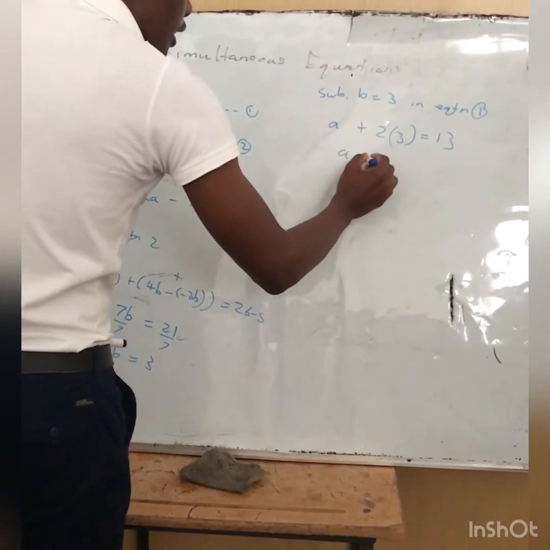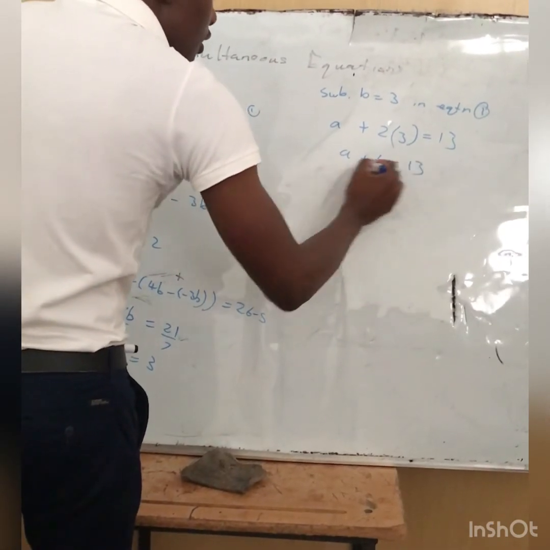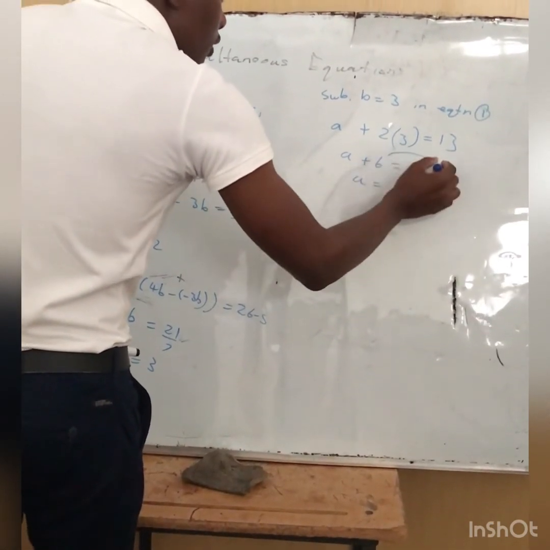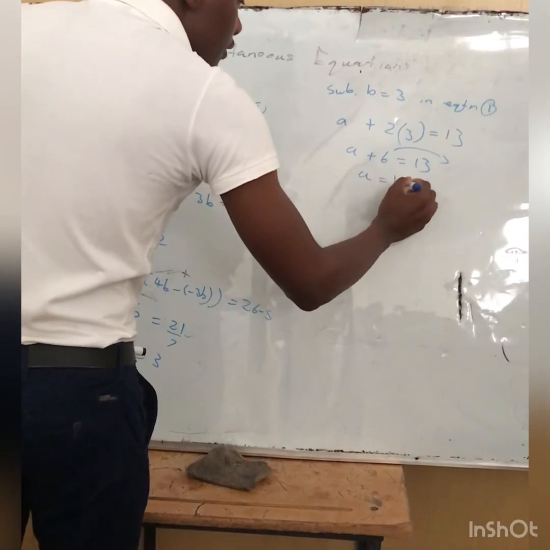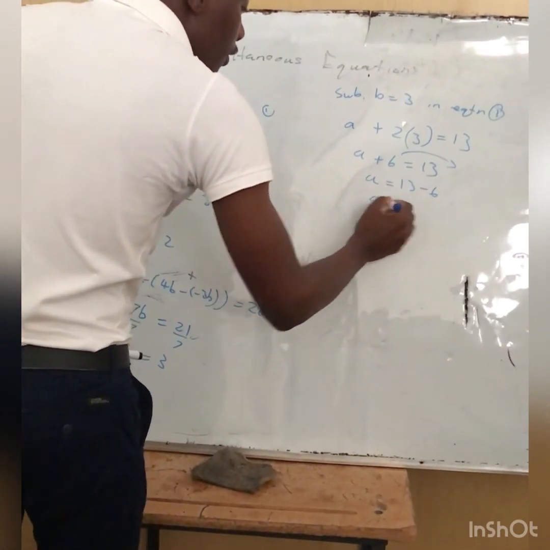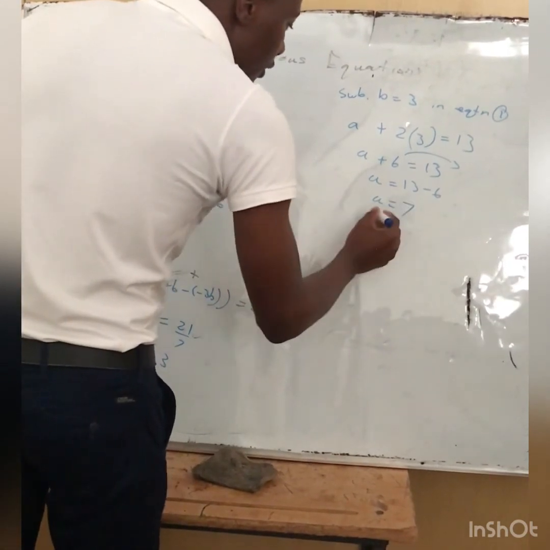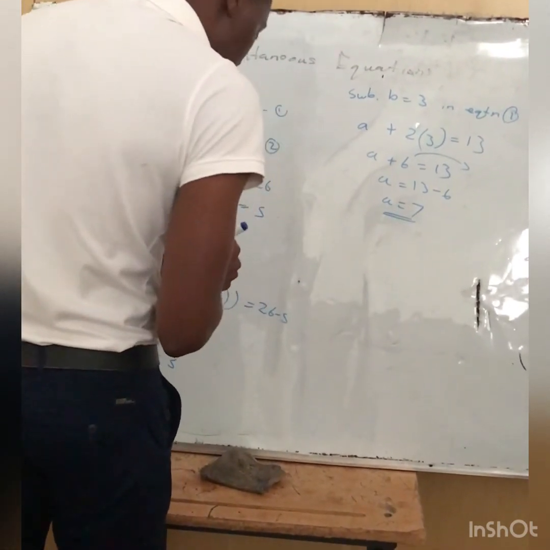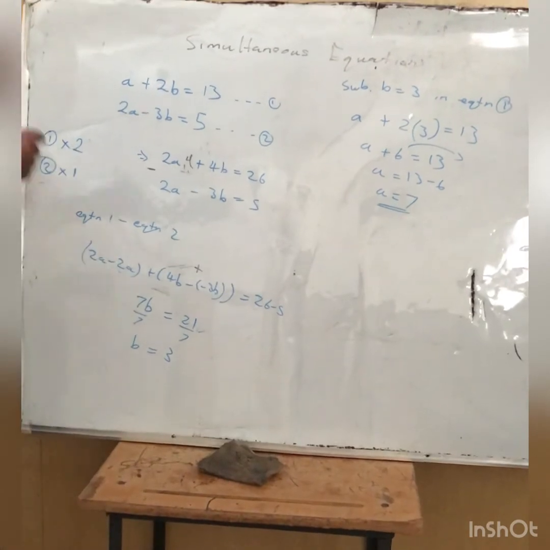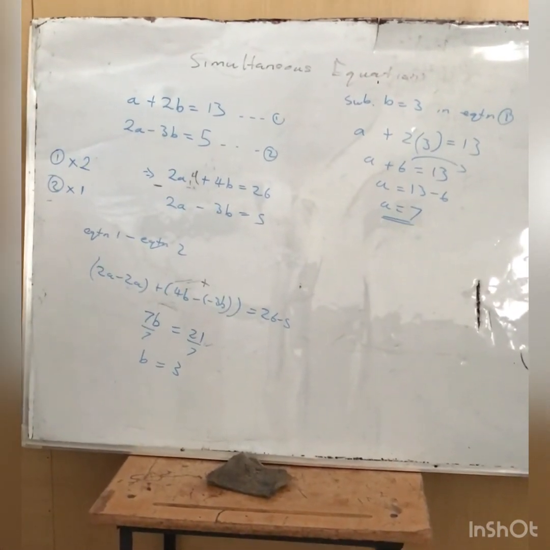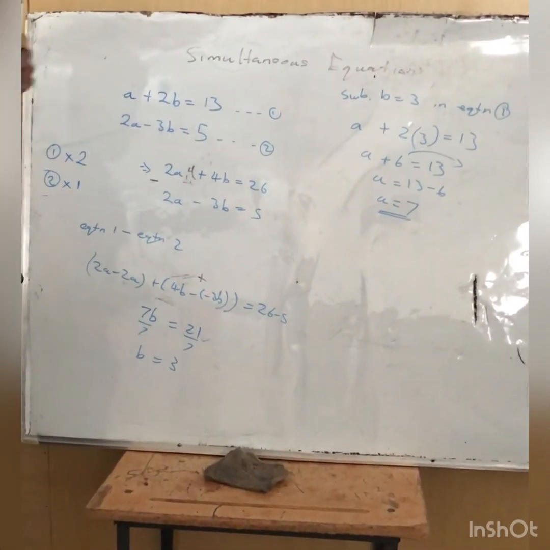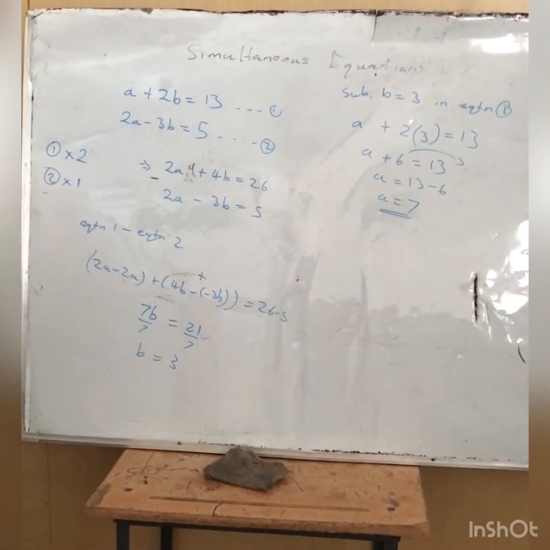Therefore, a plus 6 is equal to 13. When 6 crosses the equal sign, it becomes negative. Therefore, my value for a is 7. So that's how we do the elimination method when the variables have different coefficients.